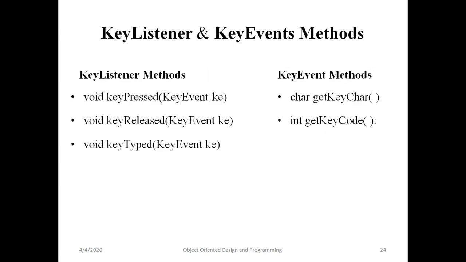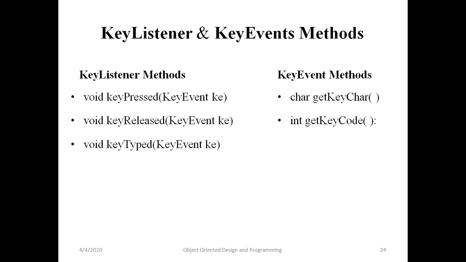Now we are going to write the program for handling keyboard events. Before writing the program, we must know what event is generated and what the listener is. The first step is to register the listener. The listener used is the KeyListener.